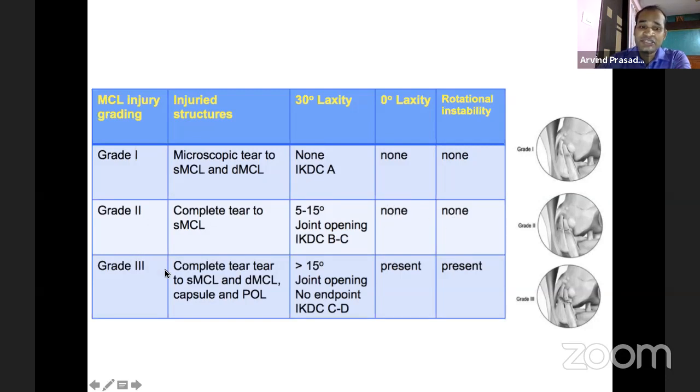And in grade 3, the opening is more than 10 millimeter with complete tear of the superficial, deep, and posterior oblique ligament. Usually it is 15 degree of joint opening, that is more than 10 millimeter. The opening is also present at 0 degree of extension, and rotational instability is also present.